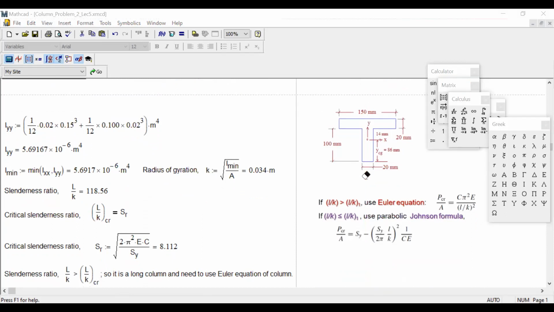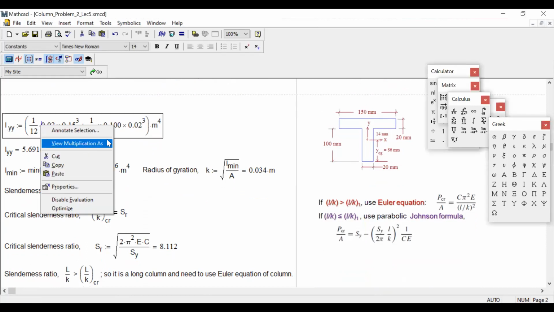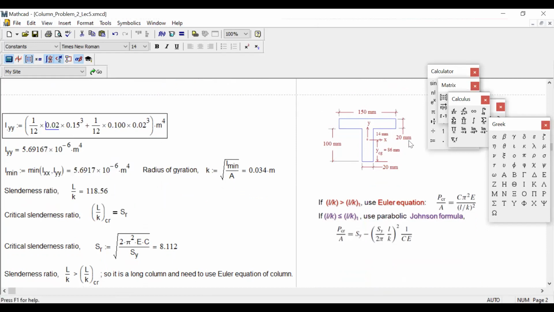First take the top area. 1 by 12 B cube. So it's 1 by 12 and B is how much for the top area? For the top area, B is 0.02 and 150 is the height, because we are trying to figure out with respect to the y-axis. So right over here, we are getting 1 by 12 B cube.